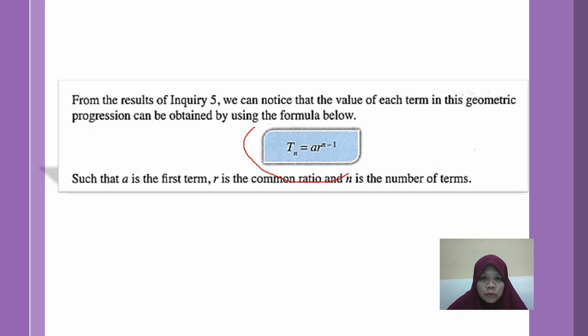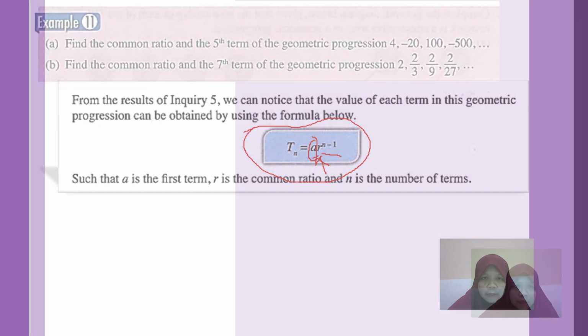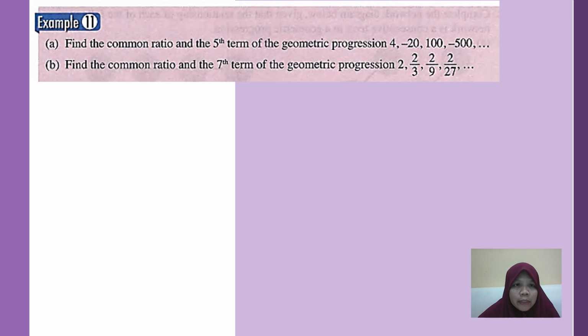The nth term for a geometric progression is Tn equals a times r to the power of n minus 1, such that a is the first term, r is the common ratio, and n is the number of terms. Let's see example 11.